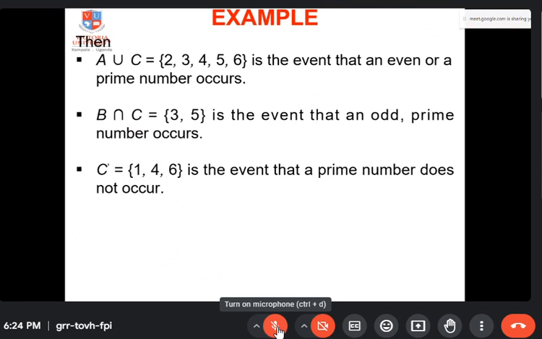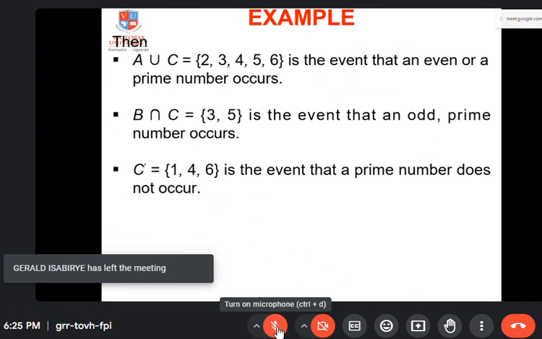Then B intersection C, that means we are getting an odd number, which is also a prime number. Then when we talk about C complement, that is an event where we don't have a prime number, an event which is not a prime number.